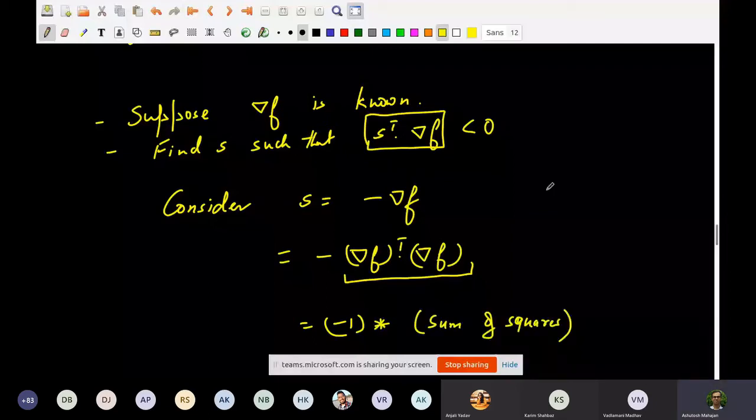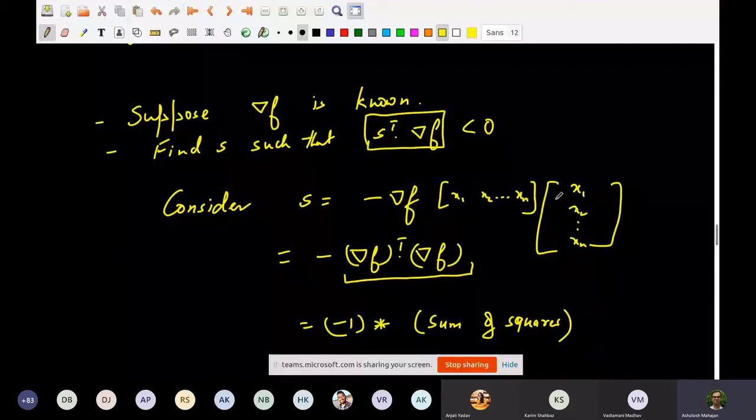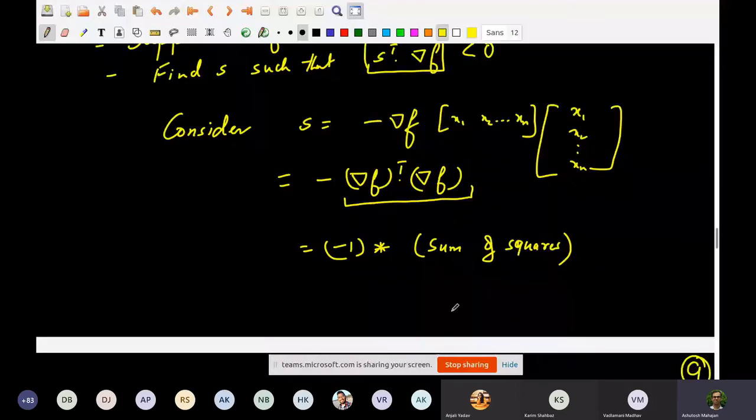Recall that if there is any vector x1, x2, up to xn, and I multiply them, then it becomes x1 square plus x2 square plus so on and so forth. So this is just actually the norm of grad f squared, -1 into that norm.